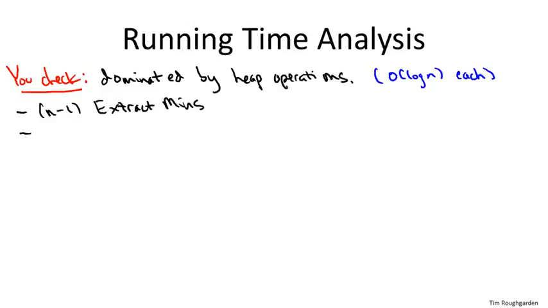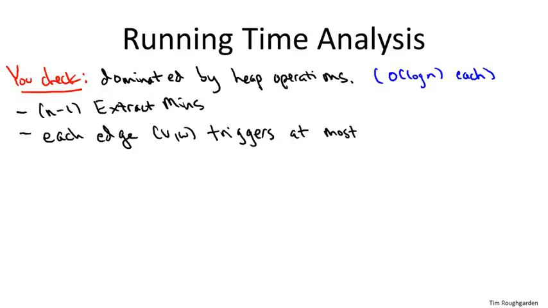Rather than have this vertex-centric perspective on who's responsible for heap operations, let's have an edge-centric view. So for each edge of the graph, let's think about when it can be responsible for some heap operations, in particular a decrease in key and the resulting insertion and deletion. Well, if you have an edge that points from the vertex V to the vertex W, there's actually only one situation in which this edge is going to be responsible for a decrease in key.